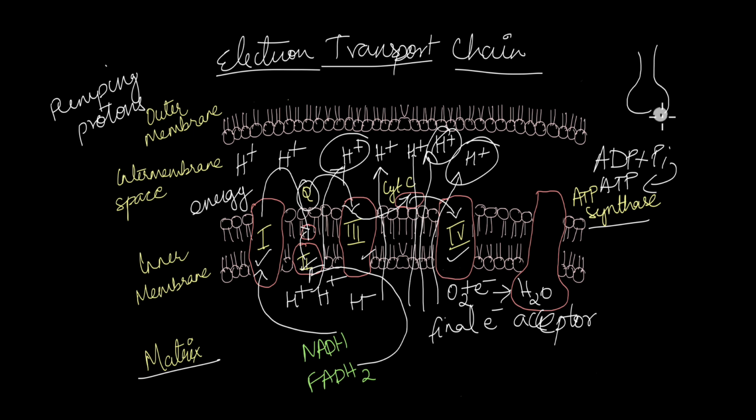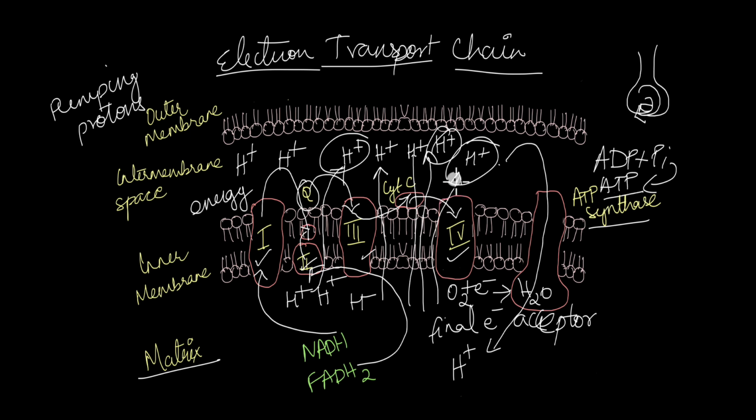It has a turbine-like component, which is this part right here at the matrix. So what happens is the protons flow back into the matrix through this ATP synthase. And when that is happening, the turbine component of ATP synthase turns or spins around, which brings the ADP and inorganic phosphate close to one another, forming ATP.